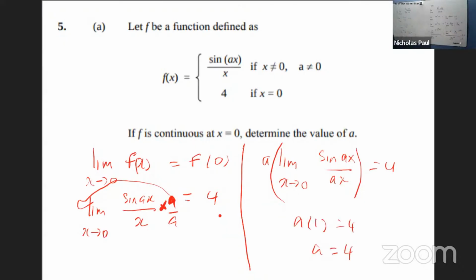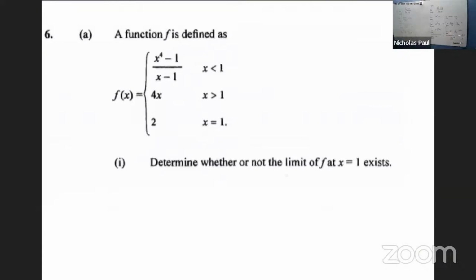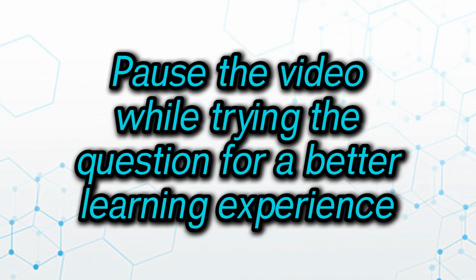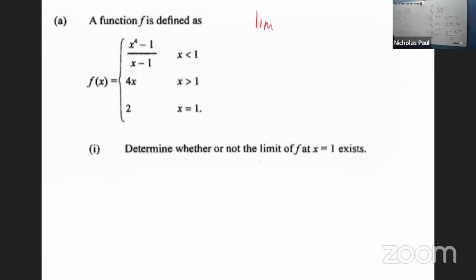Let's go again. Determine whether or not the limit at x equal to 1 exists. Remember, for a limit to exist, you have to approach from the right, and it has to be equal to the approach from the left. So if you approach from the right, you're using this function here.